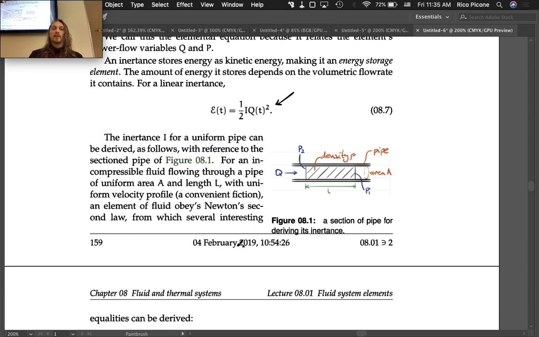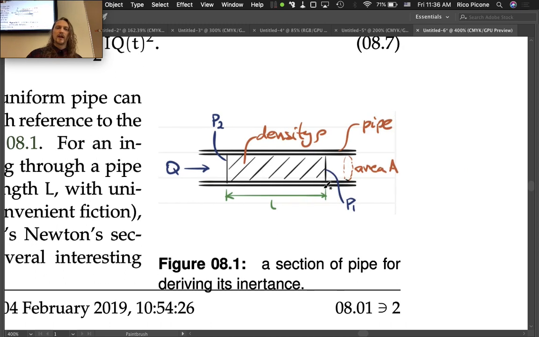So, for an incompressible fluid flowing through a pipe of uniform area A and length L, with uniform velocity profile, which is of course a convenient fiction. We know that the actual velocity profile in the pipe looks something like this, where the velocity at the edges is approximately 0, and the velocity in the center of the pipe is the maximum.